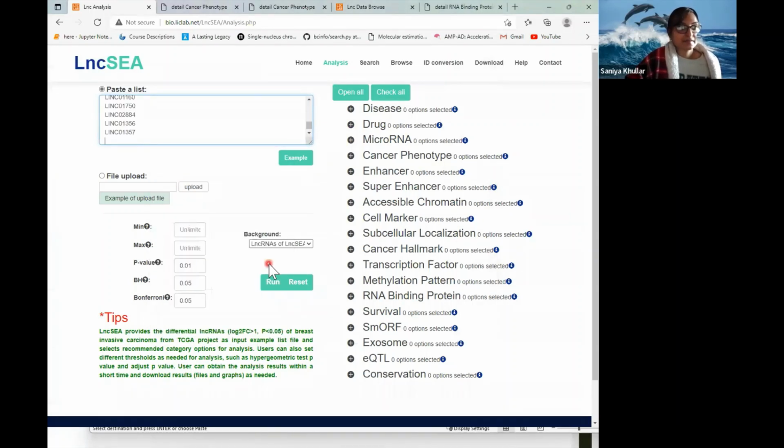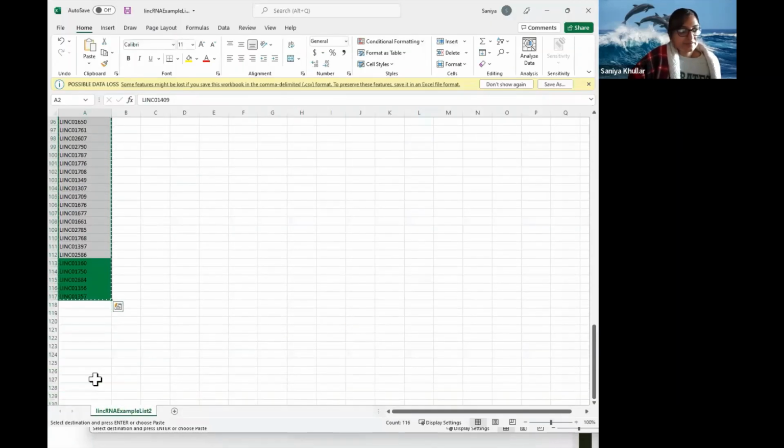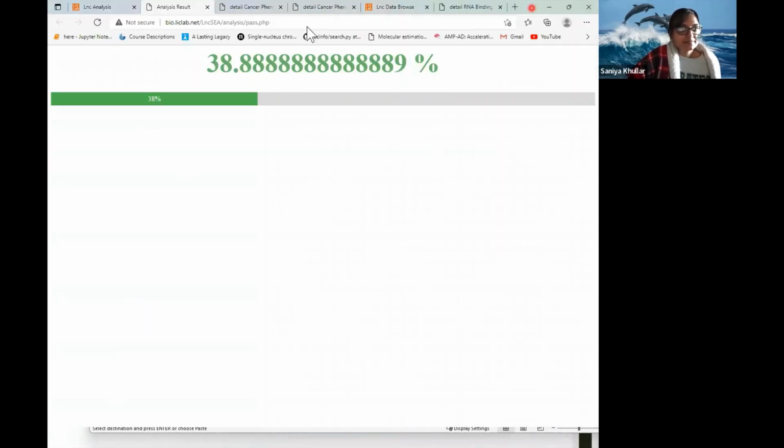So for the p-value, I'm going to make it back to 0.5 and then run this. Oh gosh, I need to check all. So this is a list, again, of 116.